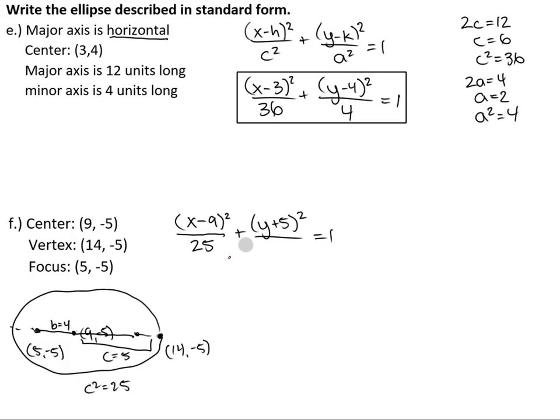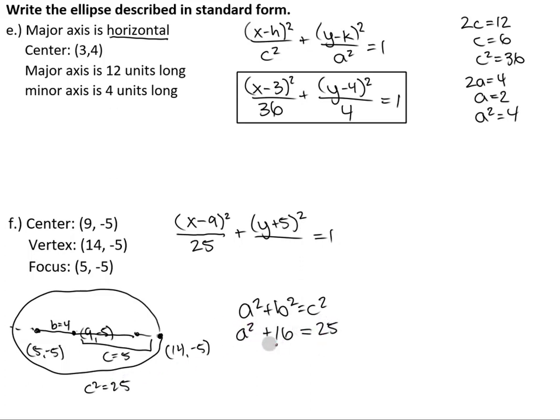Okay, well, how do I find a squared, my only missing value? Well, if I figured out b, the distance from the center to the focus, and c, the distance from my center all the way to the edge, then we can figure out a with the Pythagorean theorem. a squared plus b squared equals c squared. So we don't know a. b squared would be 16 if b is 4. c squared we know is 25.